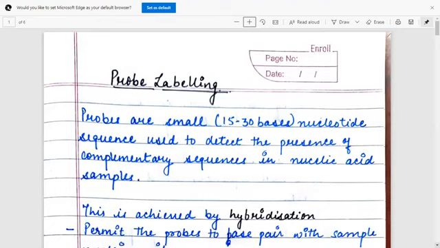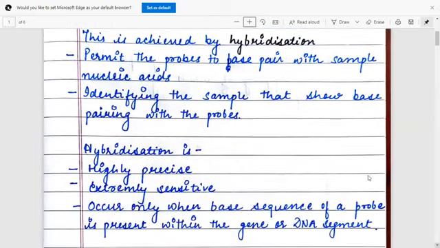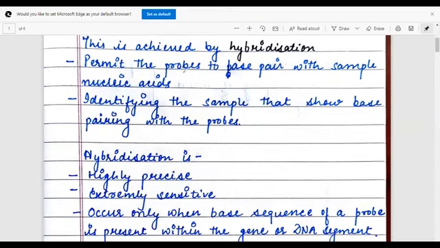This probe can be used for various purposes, including hybridization. It permits the probes to base pair with sample nucleic acid, which may be DNA or RNA.